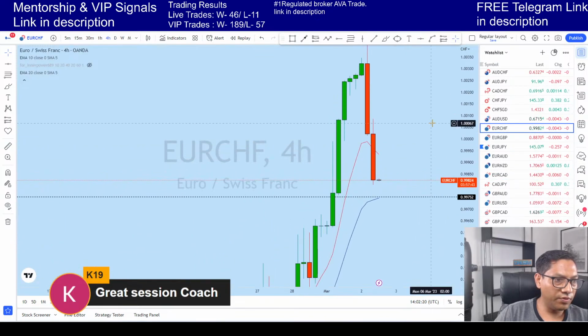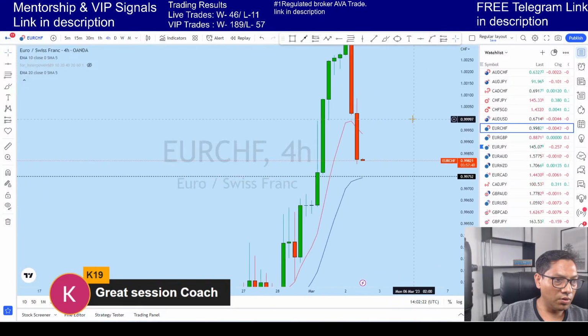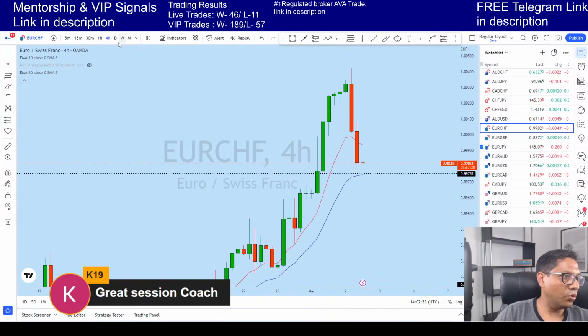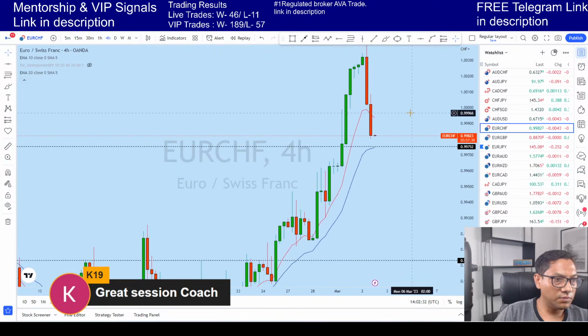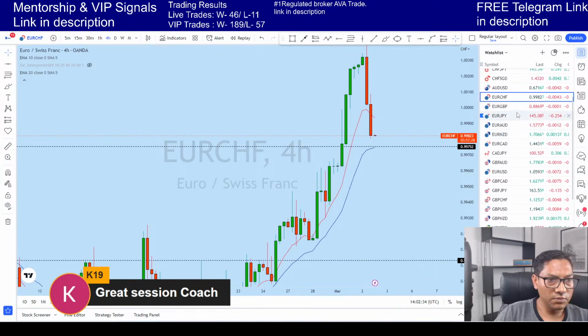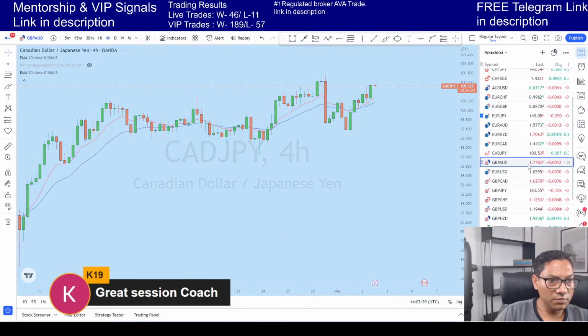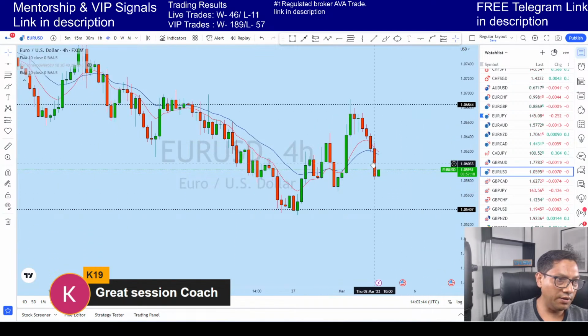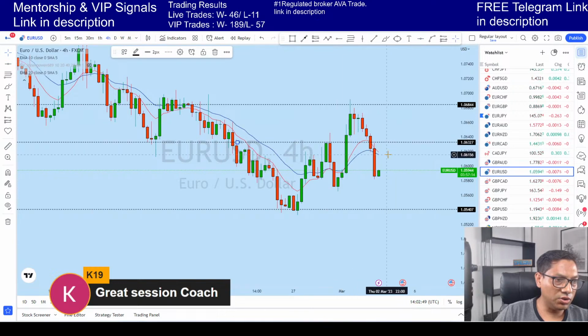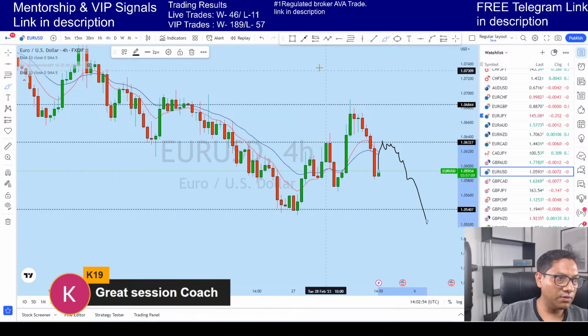Euro CHF also, from this support we could see a bullish move on this one as well. So euro dollar, you can see that now going up, and it might go up again to this resistance level along this 20 EMA. Slowly we might see from here again trying to create it.